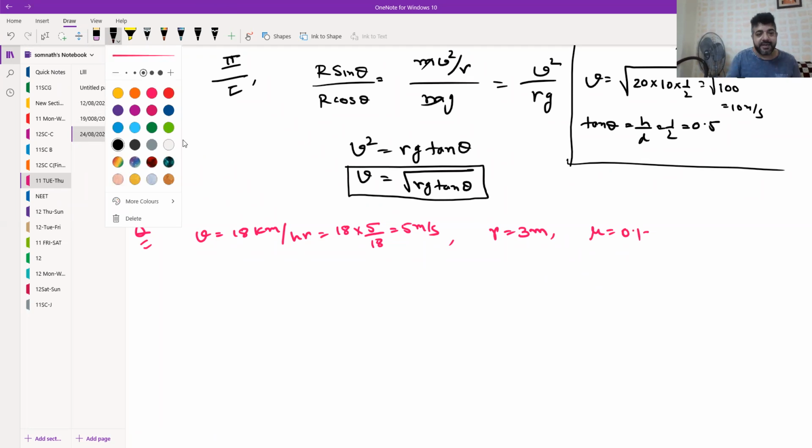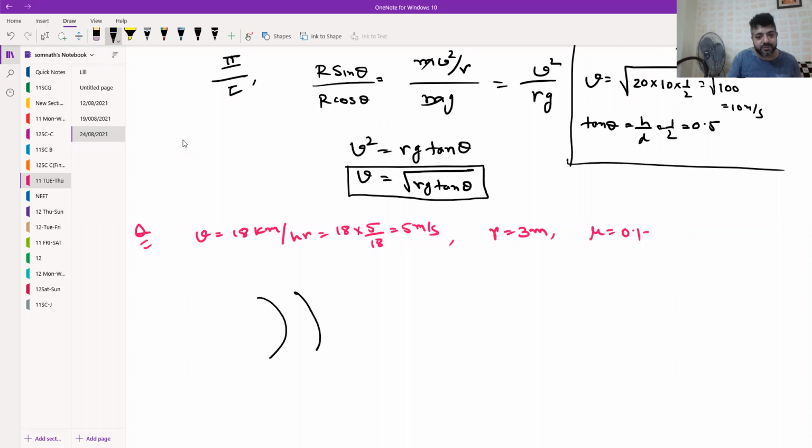तो मैंने पहले भी बताया था कि if you have a circular turn, okay, so frictional force, that is mu mg, must be greater than or equal to mv square by r. So I can easily cancel m. So v square, here it is not the minimum, it is the maximum speed.